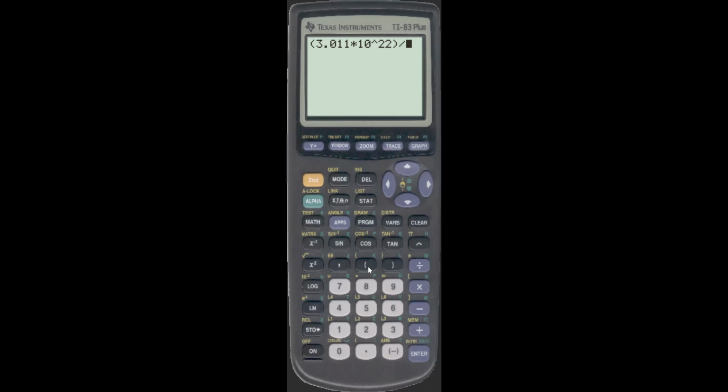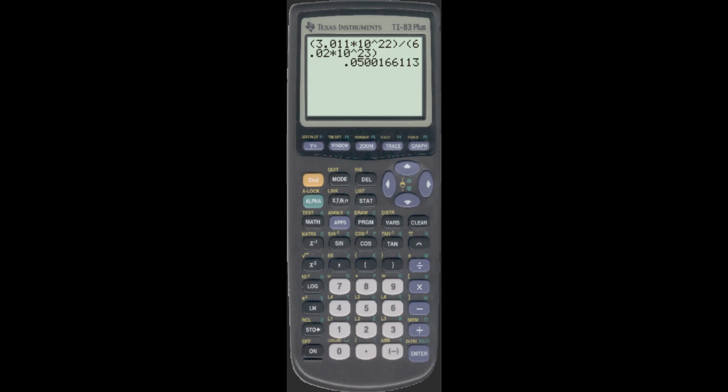And then divided by fraction bar 6.02 times 10 to the 23rd power. And you get 0.05 moles of magnesium. Okay.